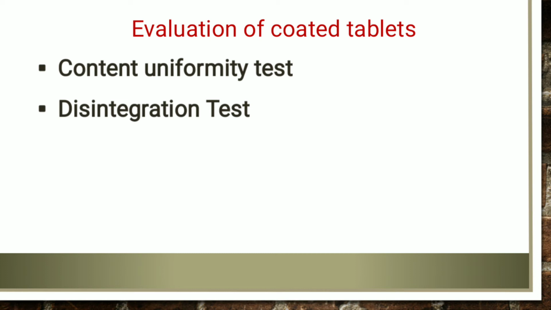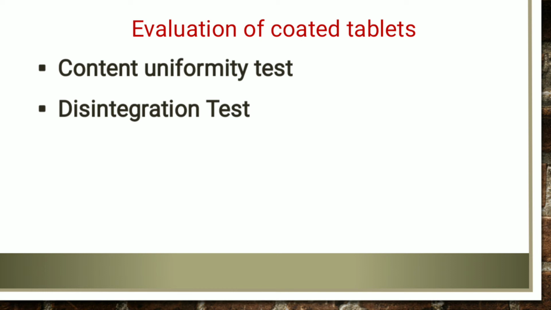Then further, the same tablet is immersed into a phosphate buffer solution of pH 6.8 at again 37 plus minus 2 degrees Celsius, and it should disintegrate within 60 minutes. That is, the total time required for enteric coated tablet is 3 hours: 2 hours in 0.1 normal HCl and 1 hour in phosphate buffer solution of pH 6.8.